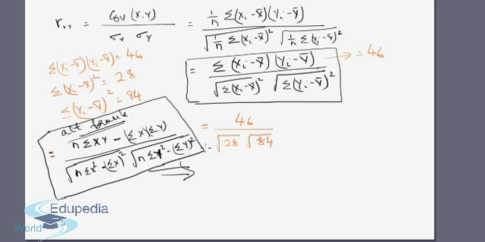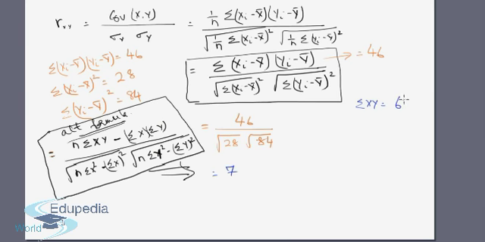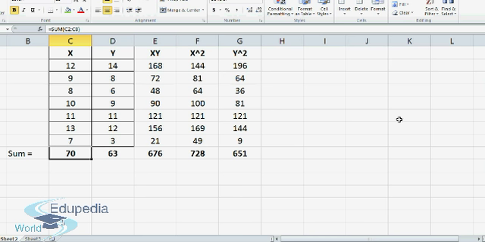we have n equals 7. So 7 multiplied by summation of x into y. Let me first write all of these here. Summation of x multiplied by y is 676. Summation of x is 70.